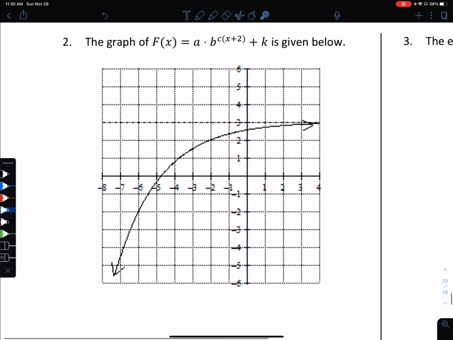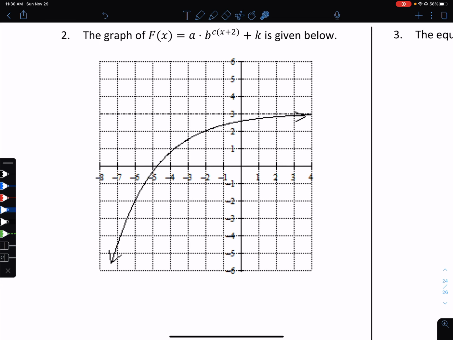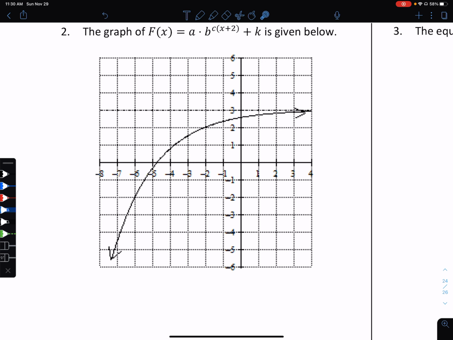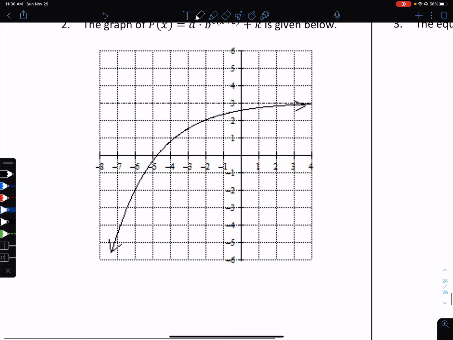This one is a graph. So what conclusion can we make about the equation of f of x based on this graph? Well, let's take some easy things here. Let's go with the limit again.